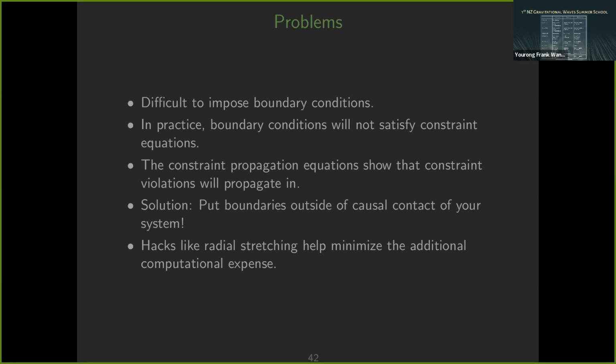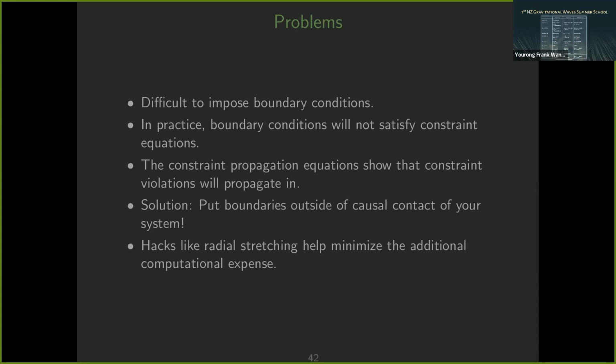This means that in order to read off the waveforms that we use to compare to the observations, we need to be very far away from the black holes in what's called the wave zone, which is so far away that you're approximately in flat space-time, and that's where we read off the gravitational radiation used for these comparisons to observations. But if we have to be very, very far away to have an extraction sphere to read off the radiation, then the boundaries have to be even further away, so they are outside of causal contact of that extraction sphere. So the problem is made even worse.